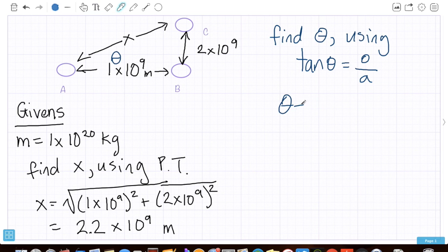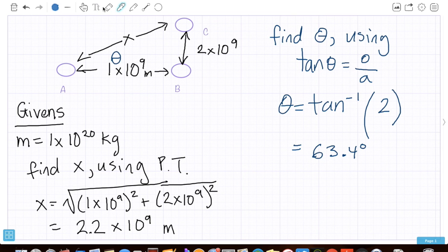So the angle is the inverse tan of the ratio of the opposite side over the adjacent side. Well, this side is 2 times bigger than this side, so that'll be 2. And this works out to be 63.4 degrees. So let's put these into our givens now so that we have room to solve the problem.